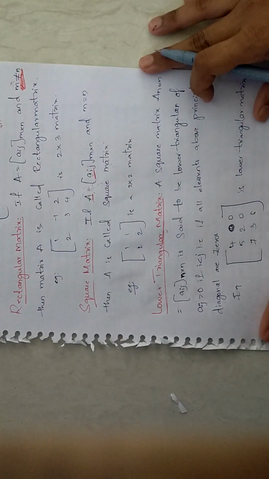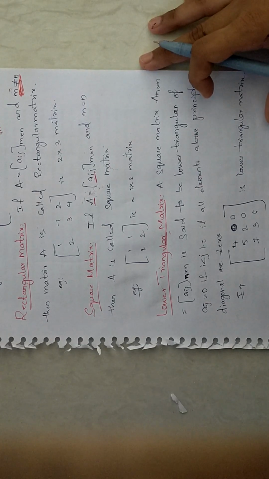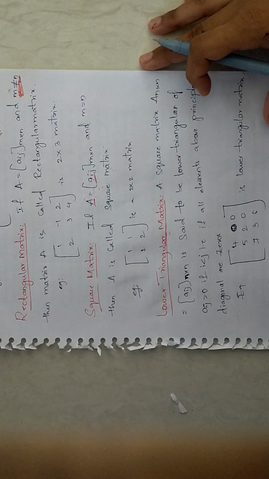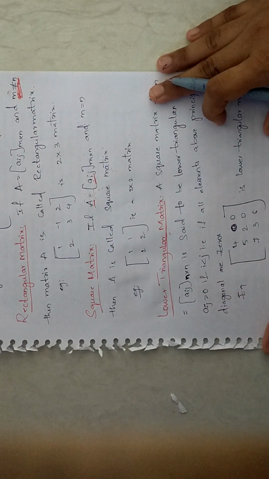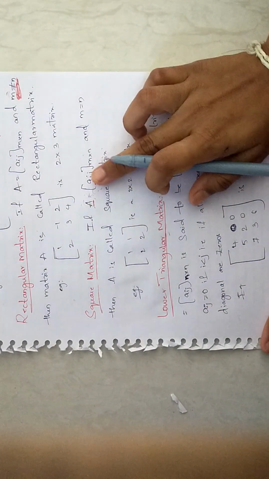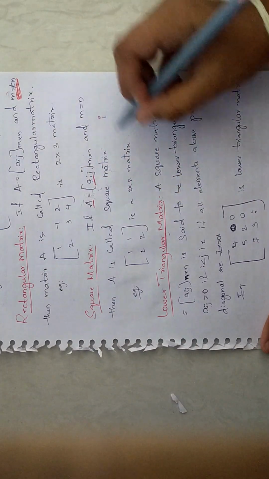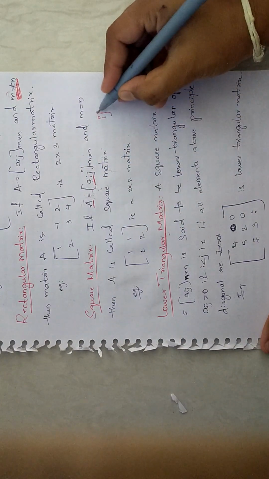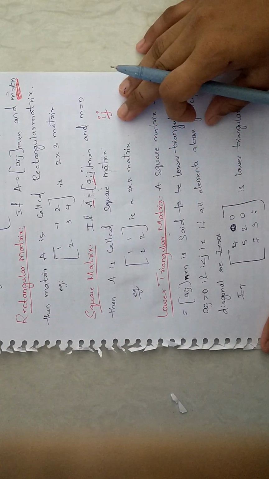I'll also explain how you have to represent the answer or the procedure neatly so that you get good marks. Now A of ij means element position. i is the position of the row, j is the position of the column. This I'll also explain in the sums.